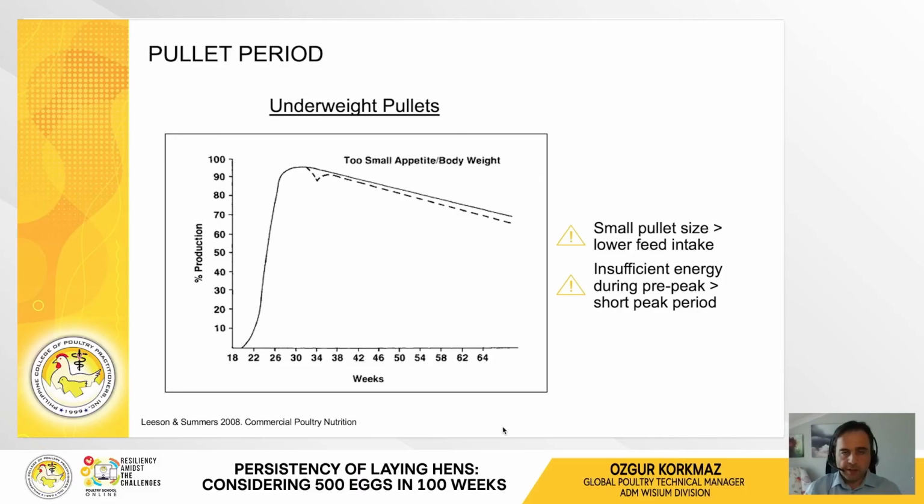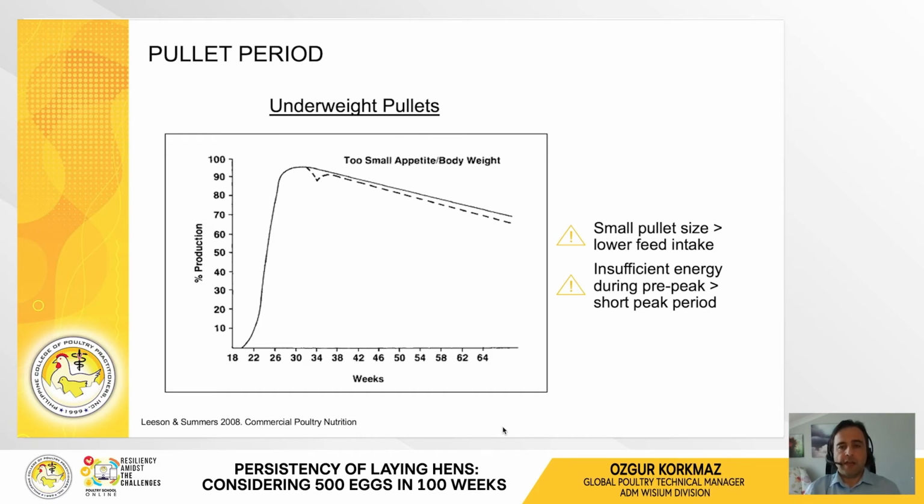If we have underweight pullets at the end of 16 weeks of age, they will not stay on the peaking period between 26 and 38 weeks of age, because as they are small and under the weight, feed intake is lower, especially insufficient energy during the pre-peak.